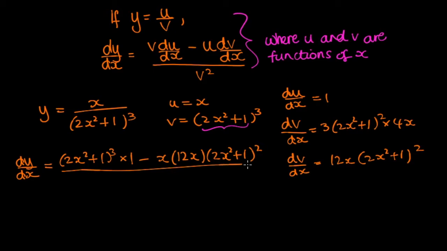And all of that is divided by (2x squared plus 1) cubed, and then we're going to square that as well. So using the exponent laws in the denominator, we're going to be left with (2x squared plus 1) to the power of 6.